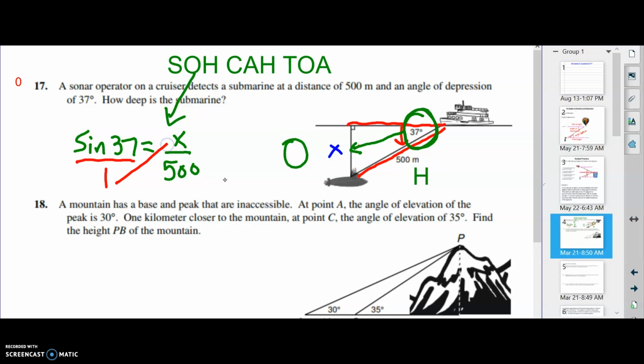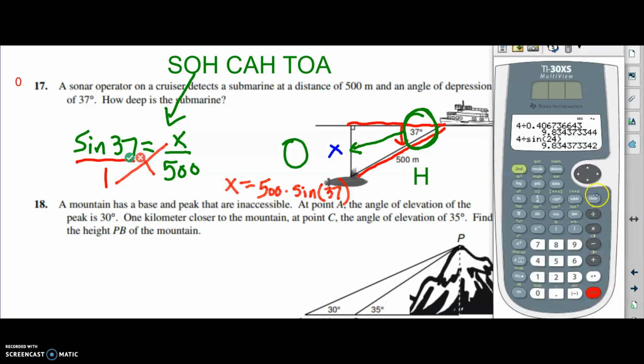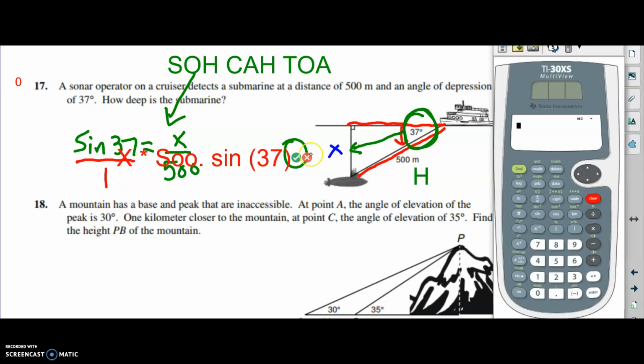So 1 times x is x. And then sine 37 times 500. So when I type it into my calculator, I'm going to type in the 500 first, times, and then the sine 37. Then I don't have to worry about the parentheses. Okay? All right, make sure you know how to run your calculator.